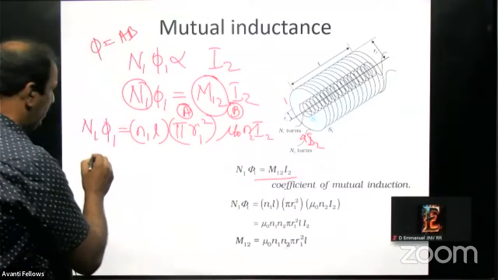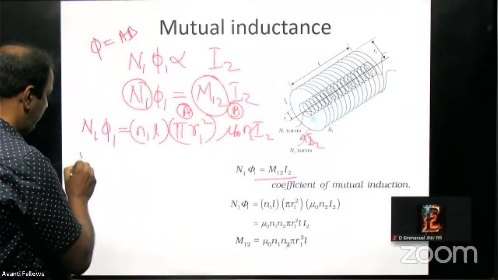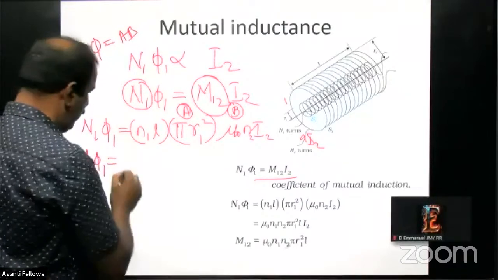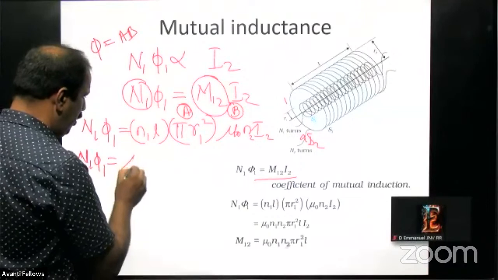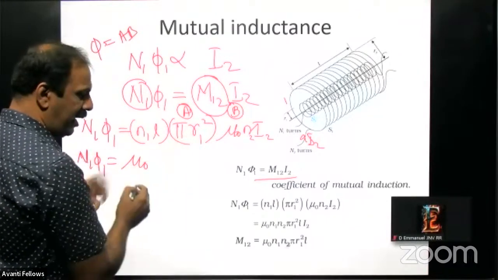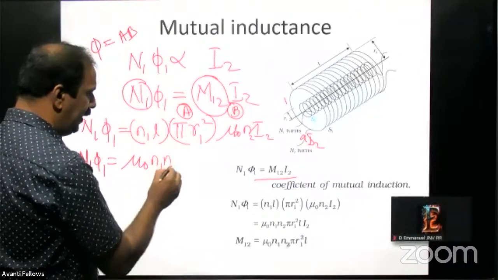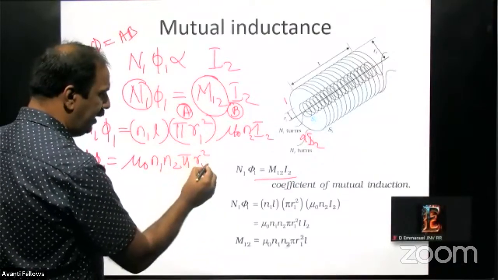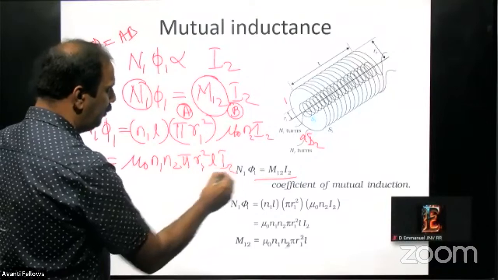So totally, N1 phi1 is equal to this one, mu naught. I will take all these things in an arranged way. I will write mu naught n1 n2 pi R1 square L into I2.